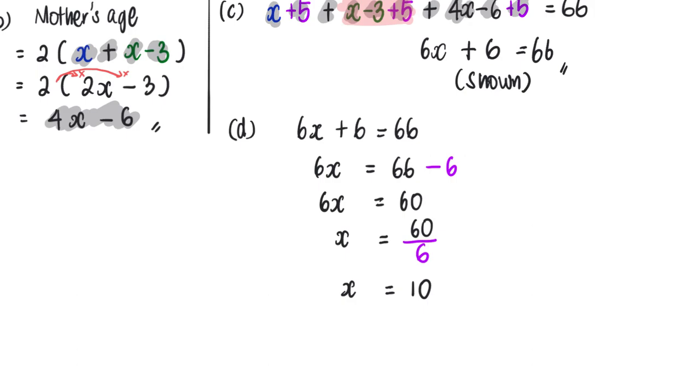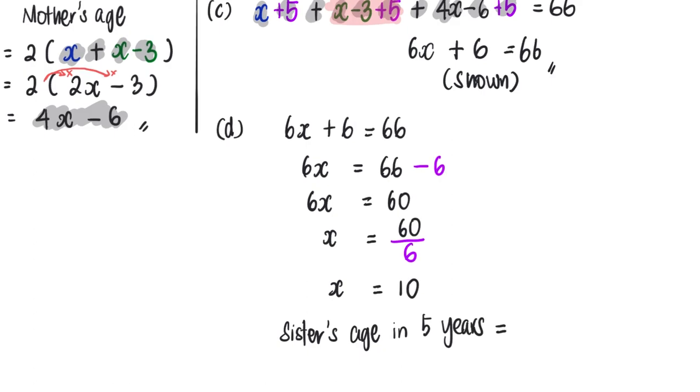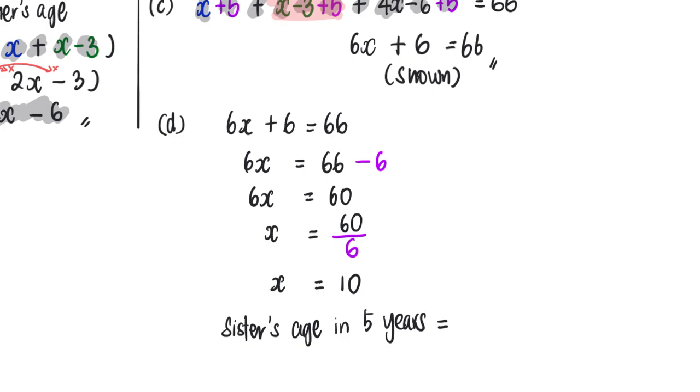And the sister's age in 5 years' time, her current age is, so the sister's age in 5 years is equal to, x is June's age.